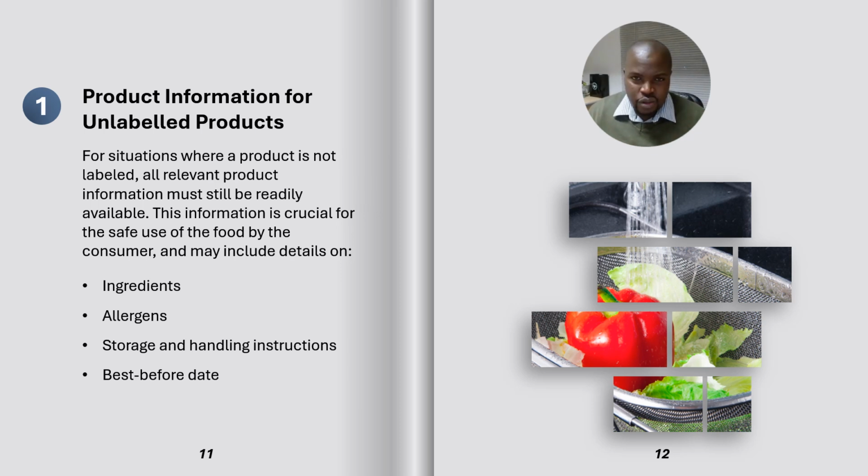You don't have to do that because, of course, you can imagine if you're a busy stall and people are coming to your stall and you keep on repeating the same thing. Meanwhile, we have written the handling, storage conditions and everything that you need to know about the product in that display card, for example, and you say, please read that so that you can best enjoy the product.